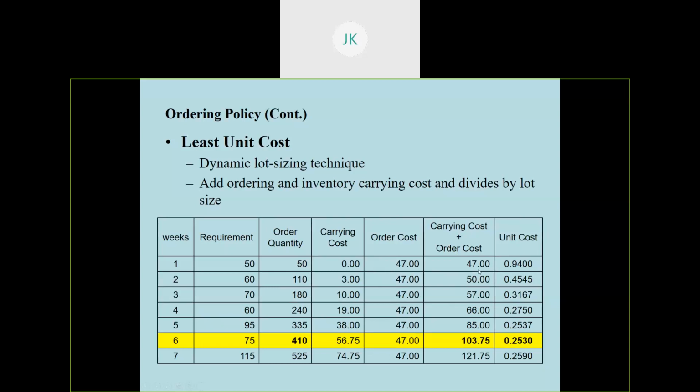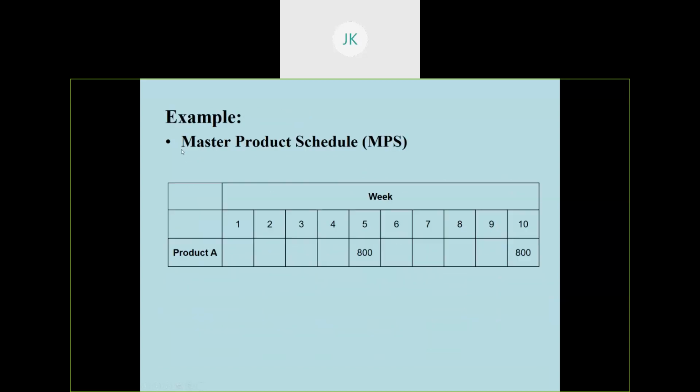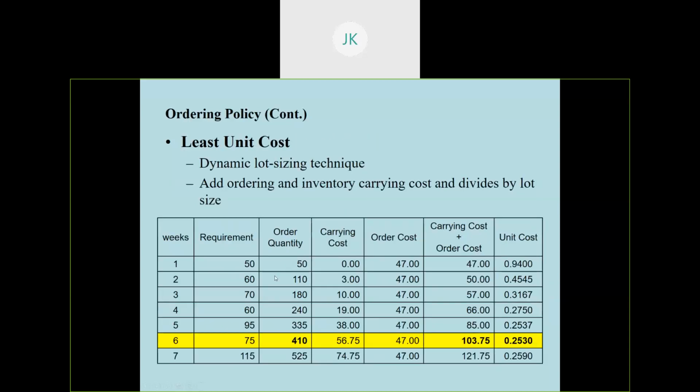So 47 divided by 50 is 0.94. 50 divided by 110 is 0.4545. So this unit cost decreases, but at a certain point increases again. So among these unit costs, the smallest is this one. So if we use this least unit cost order policy, then 410 order quantity is optimal.